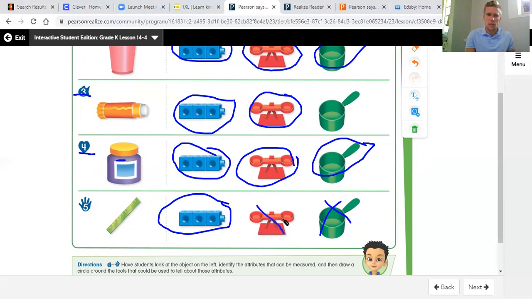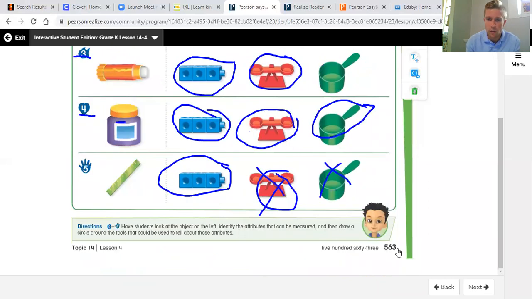No, right? So we're gonna do the measuring with the cubes, and I don't really know how much a ruler weighs. If I wanted to, I could circle this one, okay? But normally we don't use a ruler when we want to know how much it weighs, right? We can find out how tall it is by the length by using the cubes.